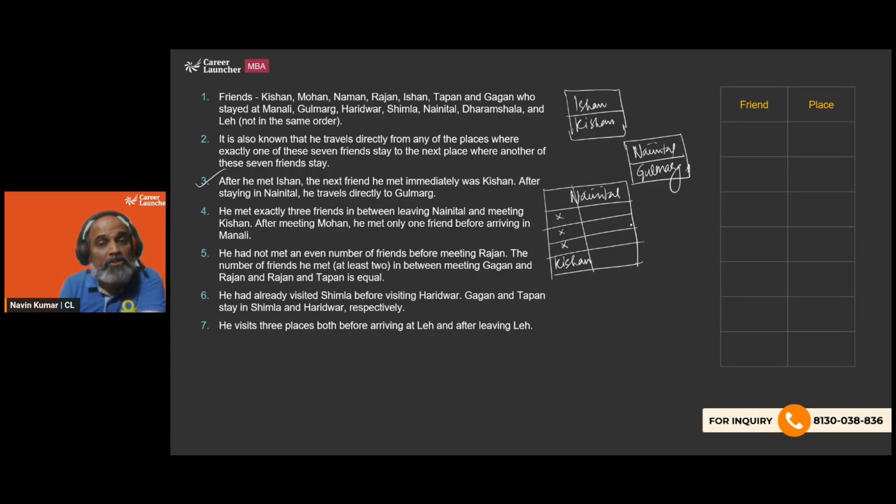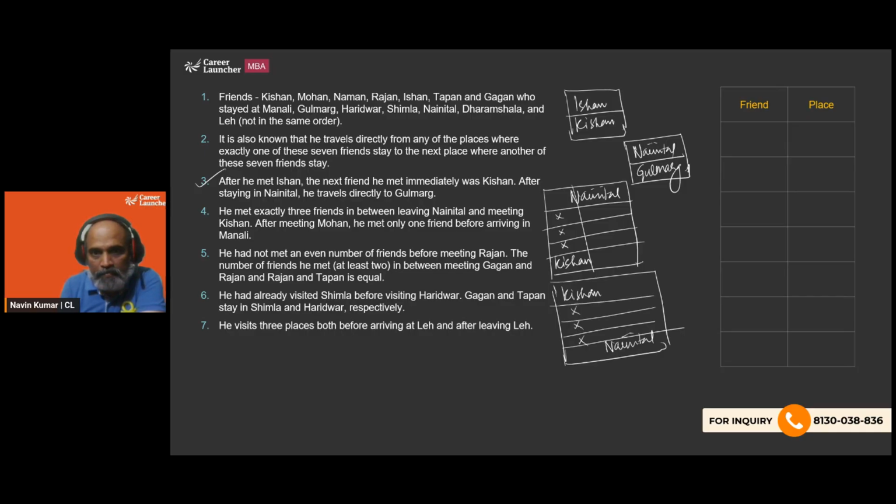Or maybe Kishan and Nainital are reordered, right? Kishan may be up and Nainital may be down, who knows? Just because Nainital is written first, we cannot be sure that he visits Nainital before he visits Kishan. Okay, so one of these 2 will happen.